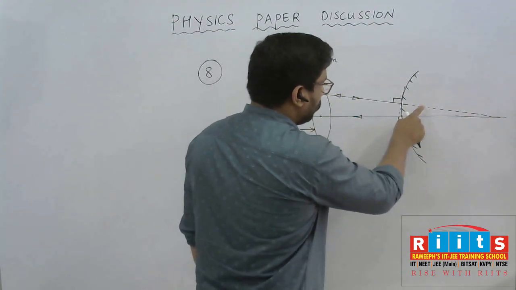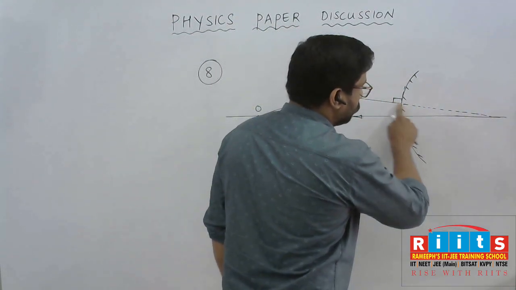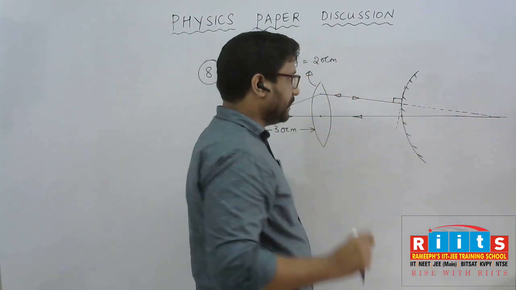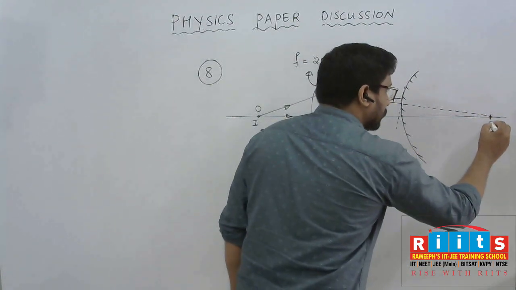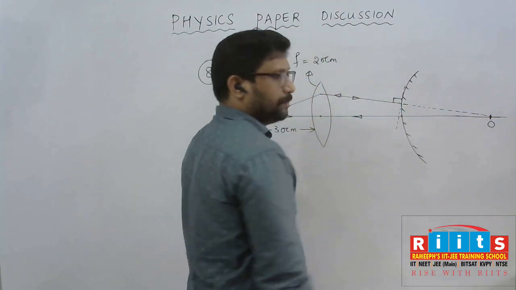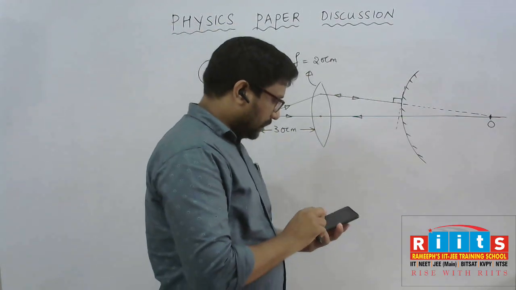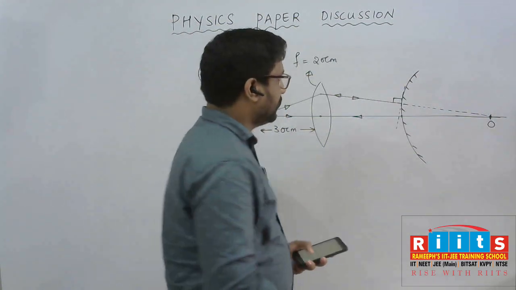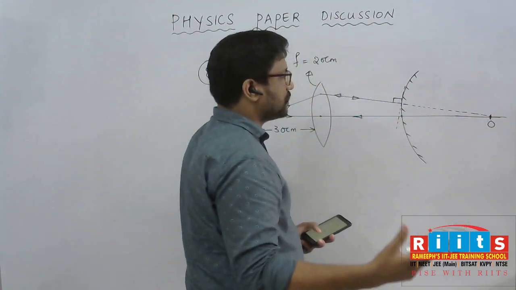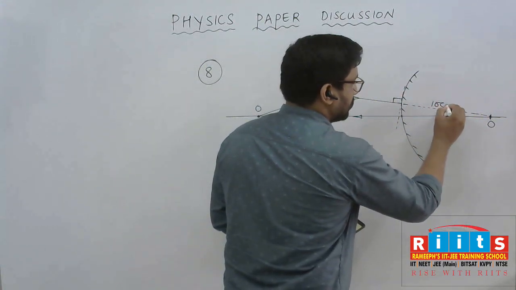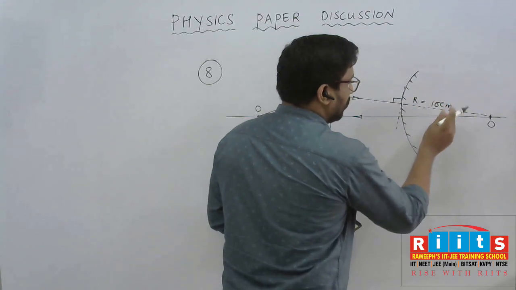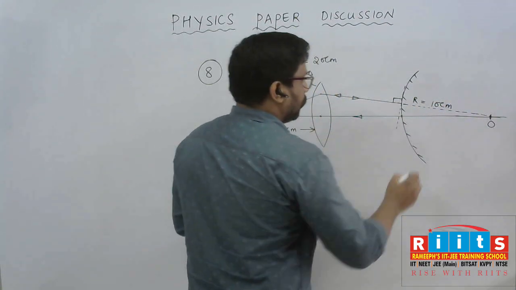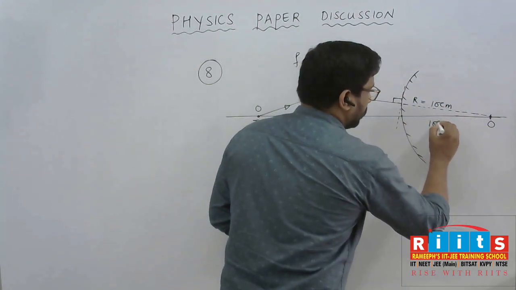So this distance must be a radius, and this will be the center of this mirror. In the question they have given the radius of curvature of the spherical mirror as 10 centimeter. So this distance is nothing but the radius, which is 10 centimeter. So obviously this distance is also 10 centimeter.